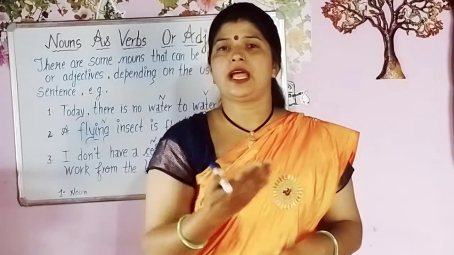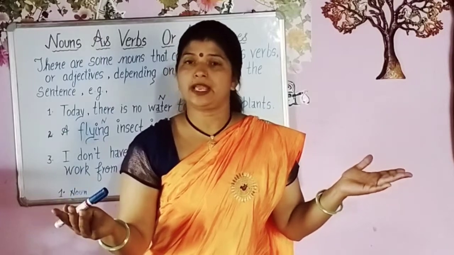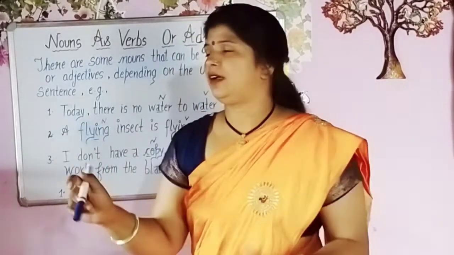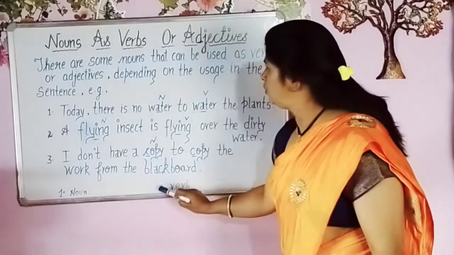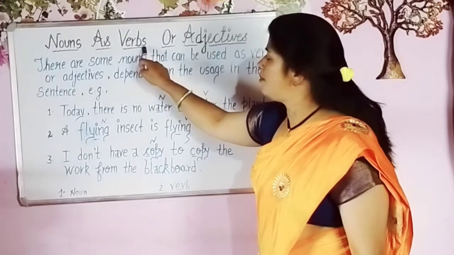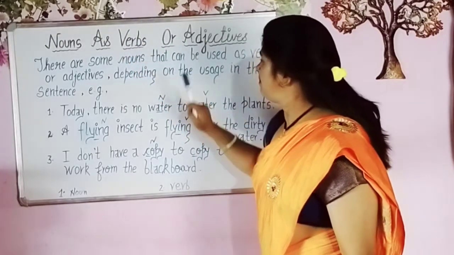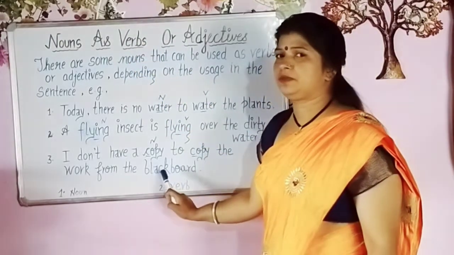Verb means doing words, or in Hindi we also call it काम. Okay, so have you understood how to use? Many times a noun is used as a verb also in the sentence, depending upon their uses.